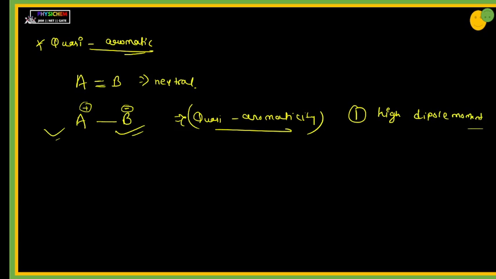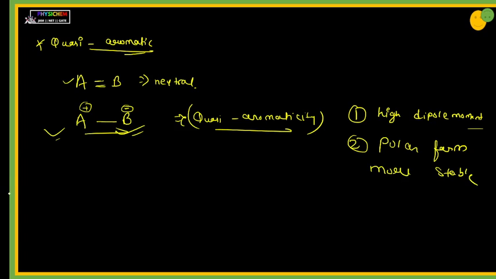They give the compounds and ask you to find out whose dipole moment is the maximum. So you have to see the compound which has quasi aromaticity. If a compound has quasi aromaticity, then it has the highest dipole moment among all the given options. The second point is that the polar form is more stable than the non-polar form.